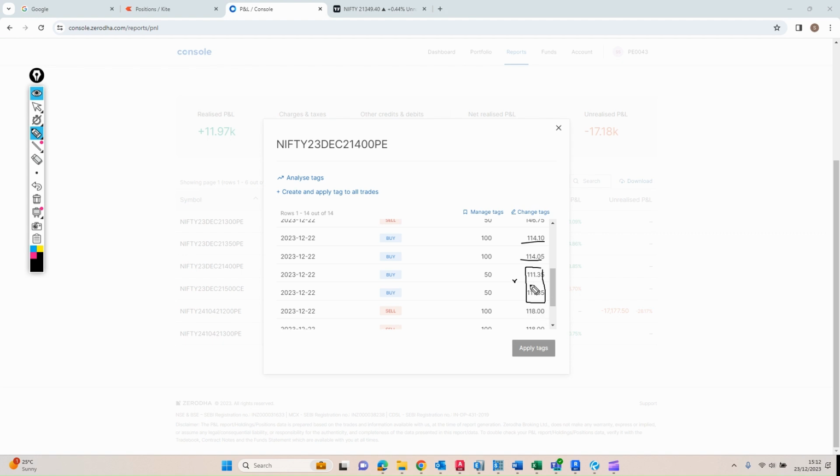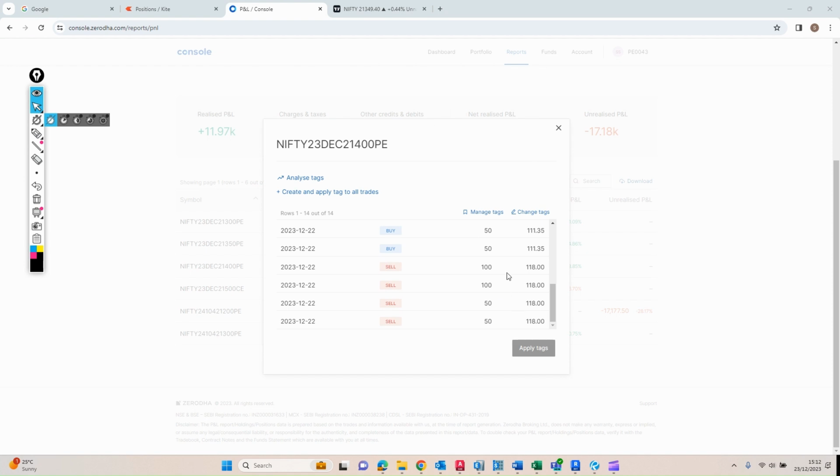This is two lots and this four lots, so overall six lots, and the average was around 113, and I squared off all positions at 118. So I gained almost 5 points, wherein 300 into 5 will be 1500. Previously I gained around 3800 in this trade, and with 1500, almost 5300 was the profit from this trade.